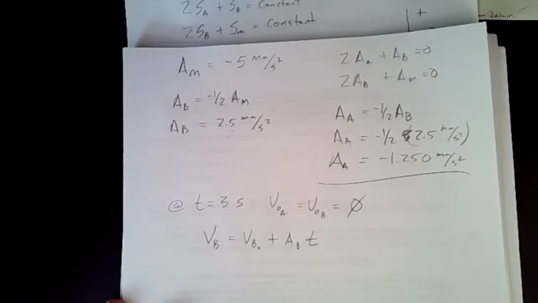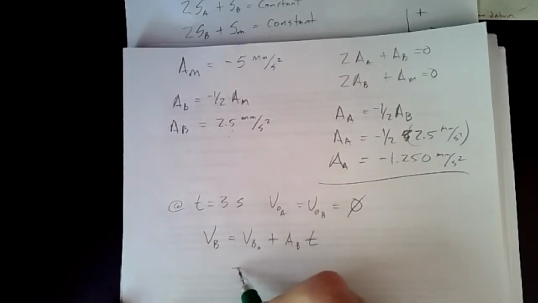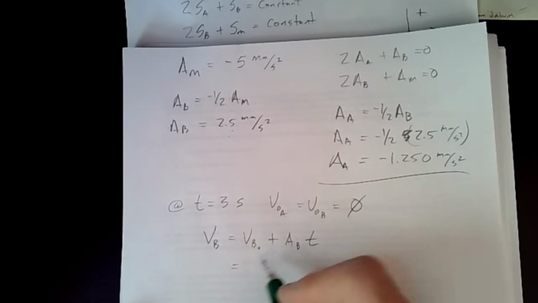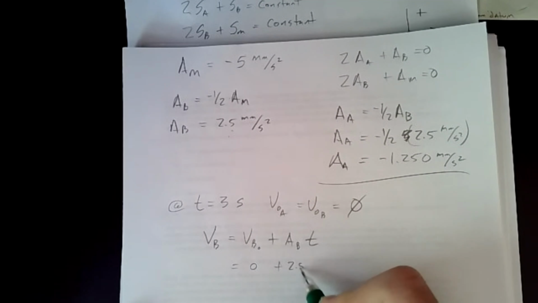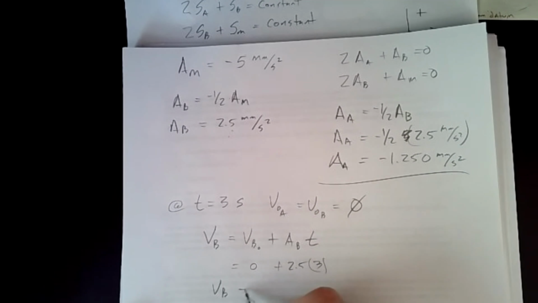The acceleration of B is 2.5, so it's 0 plus 2.5 times 3, and we get velocity of B is 7.5. It's positive, so it's going down because that's our direction of positive.